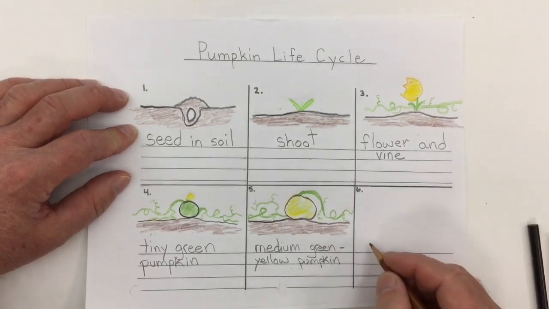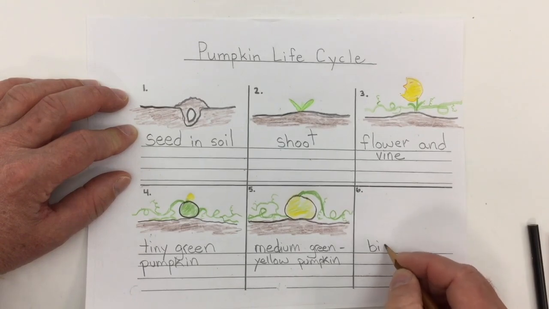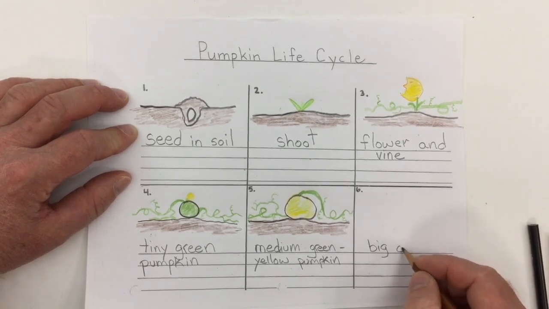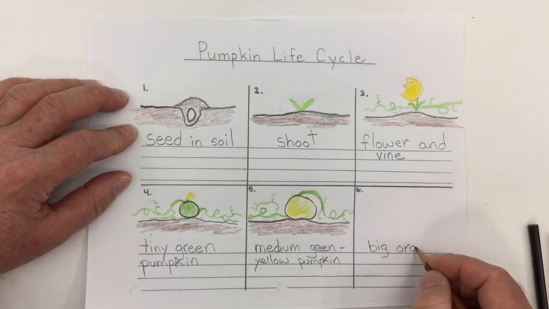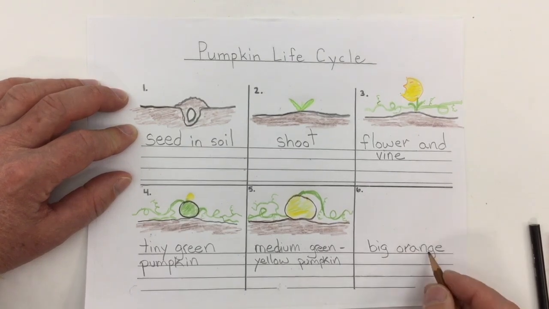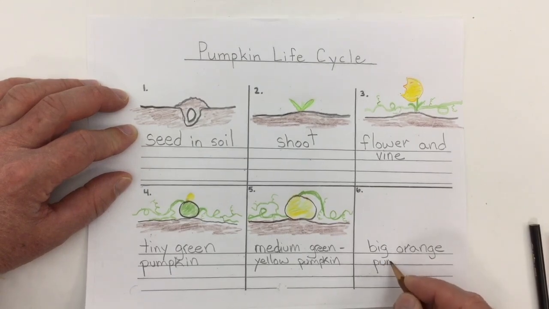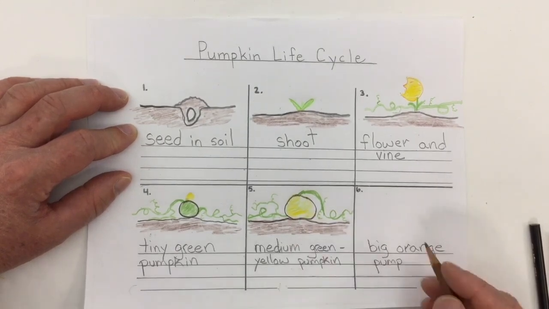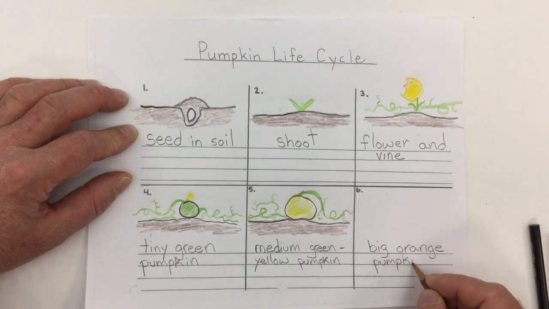And in the final stage, when the pumpkin is fully ripe, ready to pick, ready to eat, ready to turn into pumpkin pie or something else, it becomes a big orange pumpkin. And that's when the farmer cuts the vine and we're left with the stem on the pumpkin.